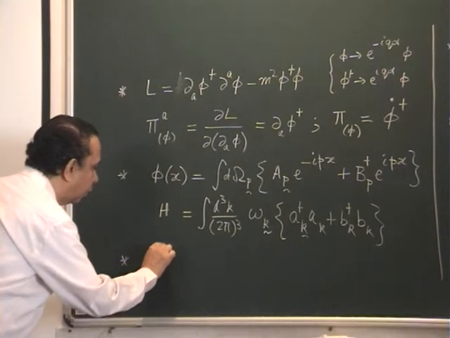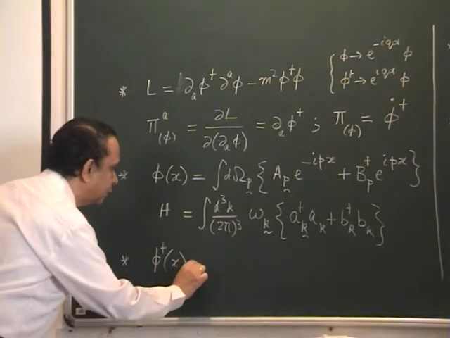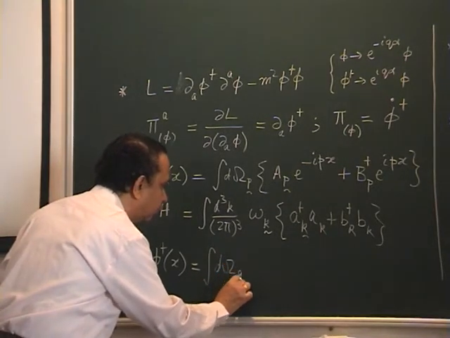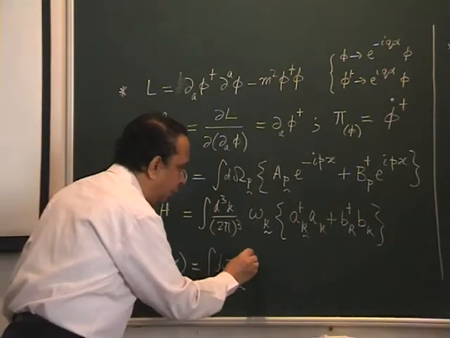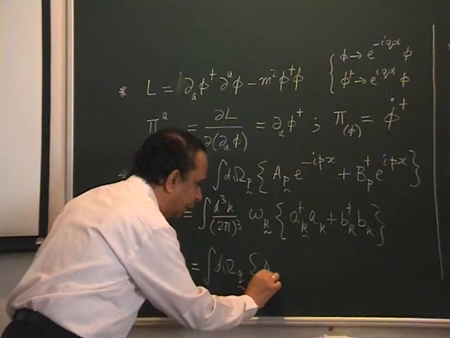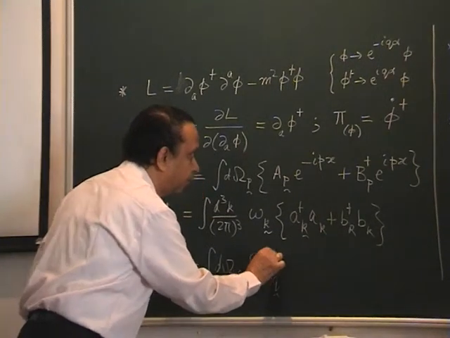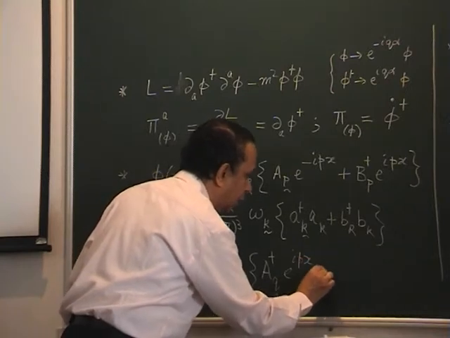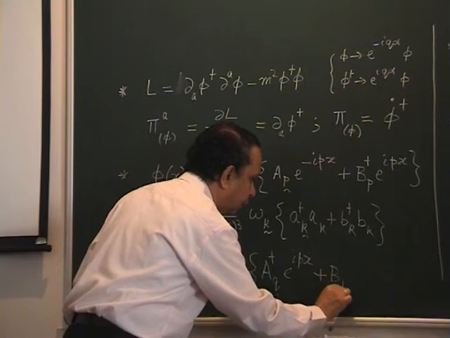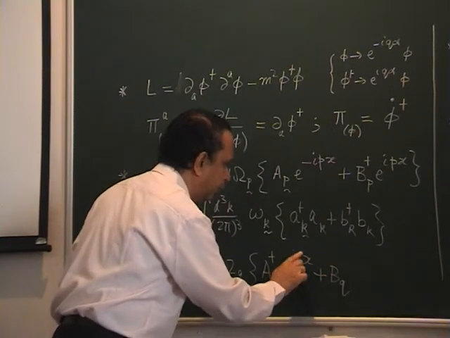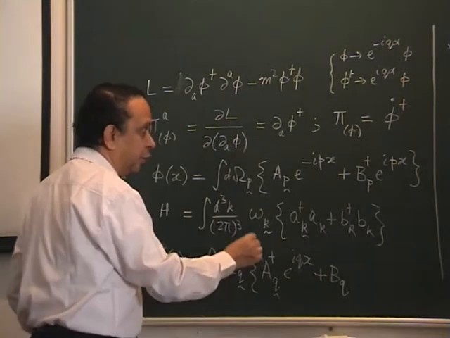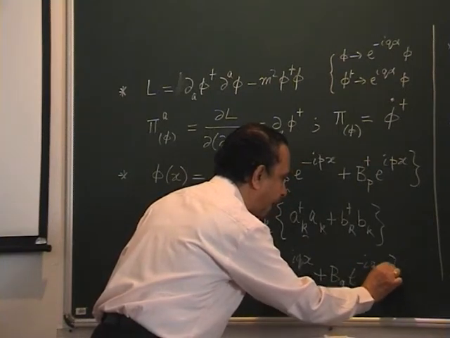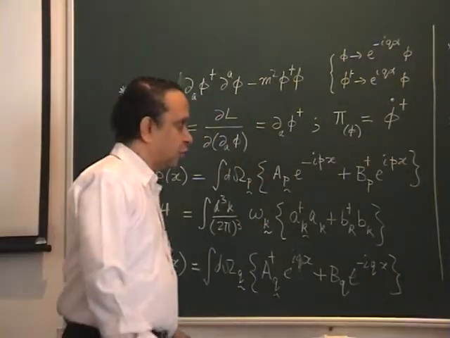The phi dagger of x is going to be some integral d omega q, here you will have A_q dagger e to the i q x plus B_q e to the minus i q x. Okay. Now we want to compute this quantity. Let me do it here itself.